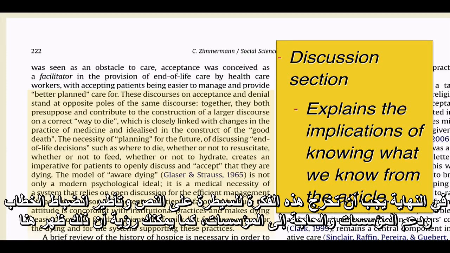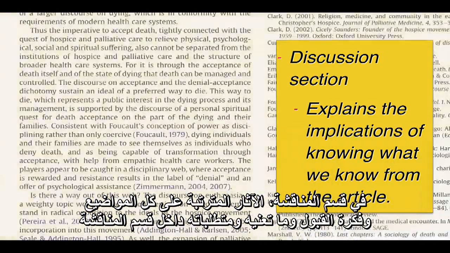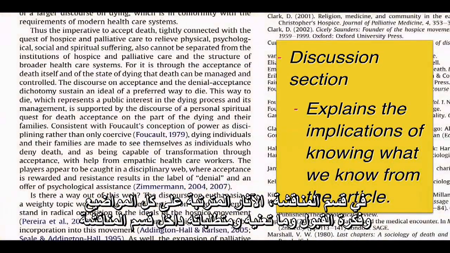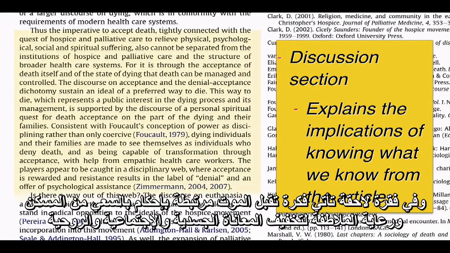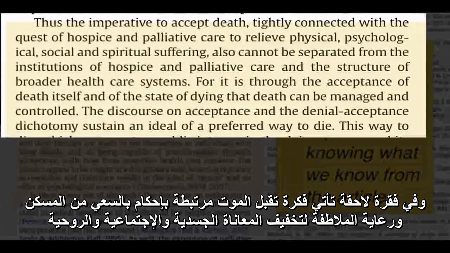And you can see this being pulled up here in this discussion section. So the implications of all of those themes, this notion of acceptance and what acceptance means and requires, comes up within the discussion section.